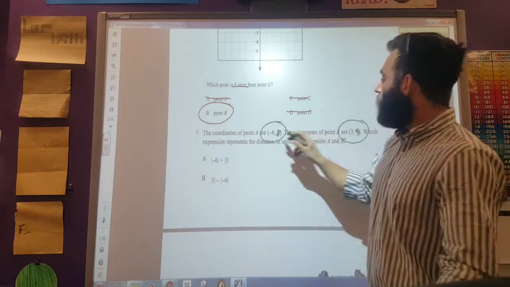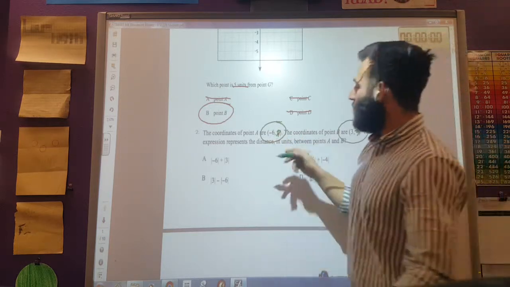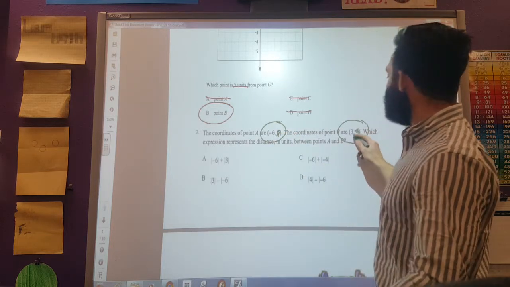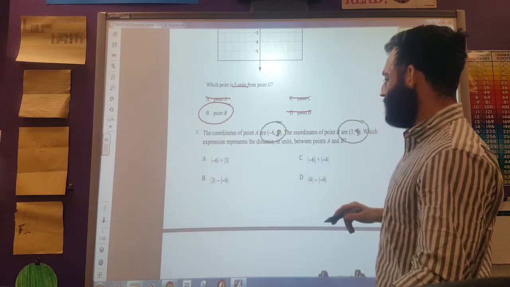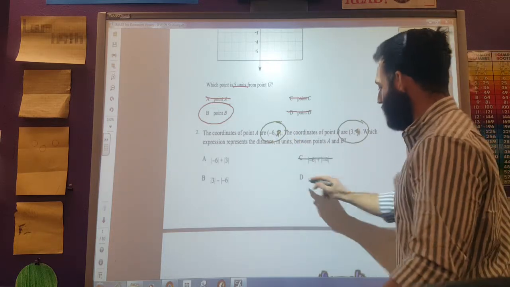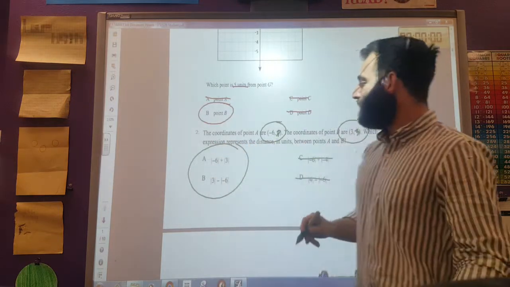What else I can do is I know that I need to find how far they are away from 0. I know that I need to find the absolute value of -6, and I know that I need to find the absolute value of 3. So I need -6 and 3, so I can get rid of this one and this one, and just focus on these two here.